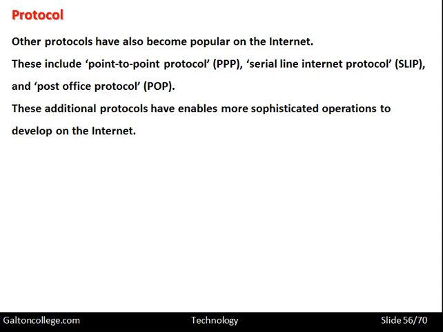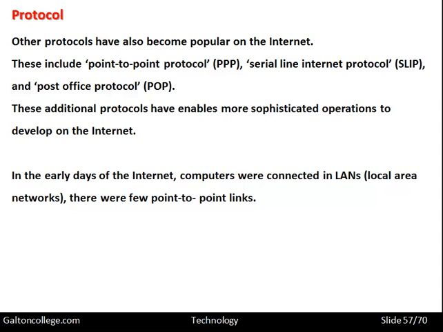These additional protocols have enabled more sophisticated operations to develop on the internet. The more protocols there are, I suppose, the more the internet can do. But the sender and the receiver must have the same protocols. They must understand the rules, and they must be able to accept the messages.